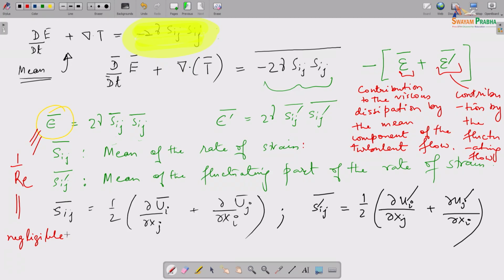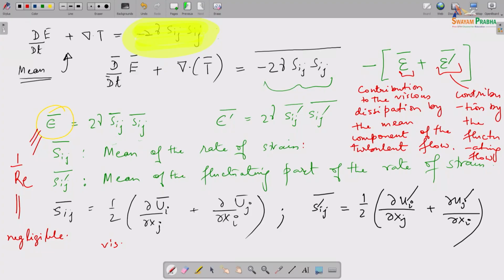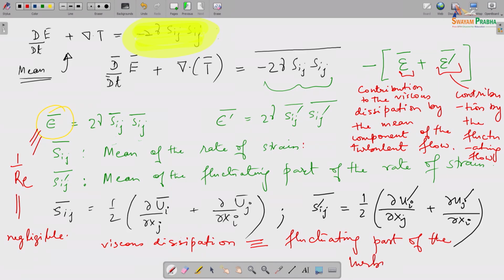So that makes a very important inference here, which basically is saying that viscous dissipation is primarily due to the fluctuating part of the turbulent flow.